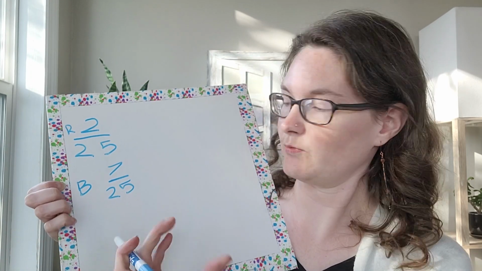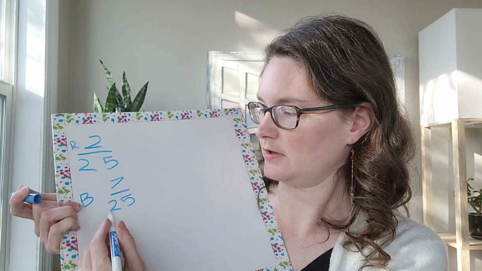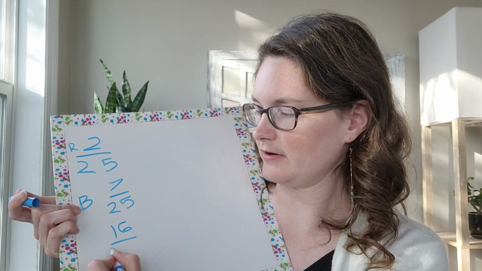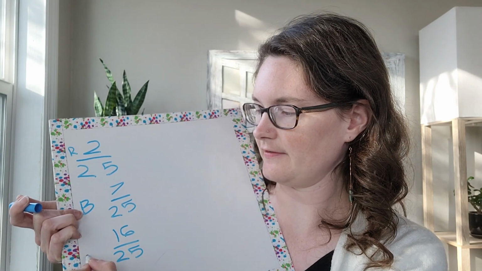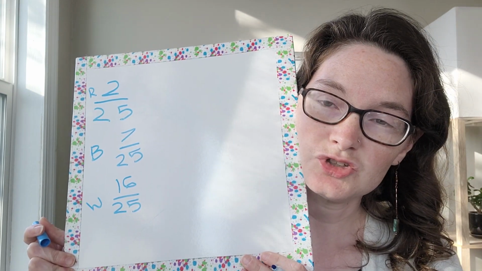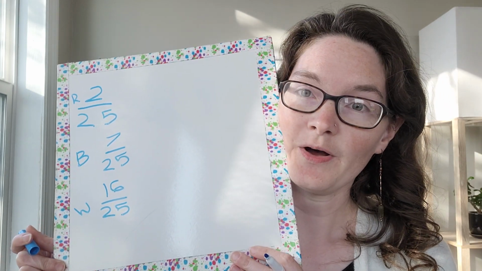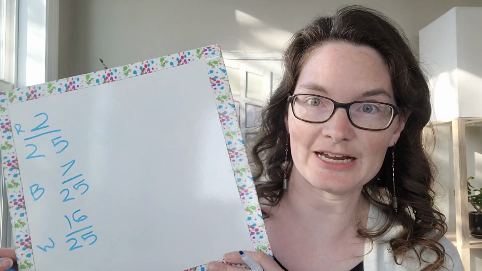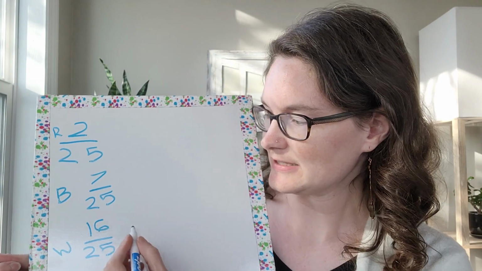And then 1, 2, 3, 4, 5, 6, 7, 8, 9, 10, 11, 12, 13, 14, 15, 16. I have 16 whites. 16 out of 25 whites.